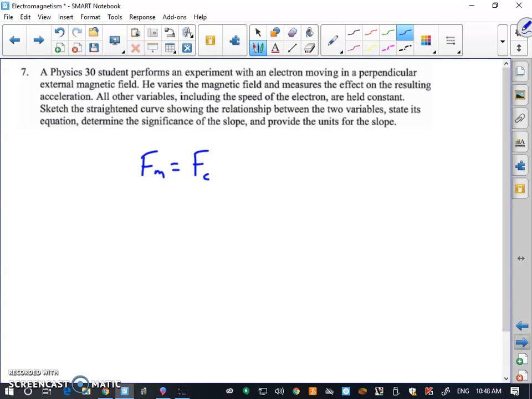You can put Fnet equals ma if you'd rather, which is just F net. Instead of the ac, then you can just put a for the acceleration. So if I go with this version right here, then this is how the equation works, or looks to start.